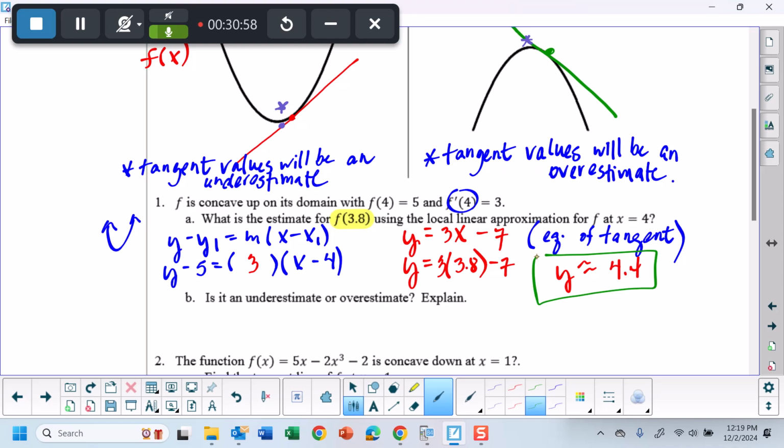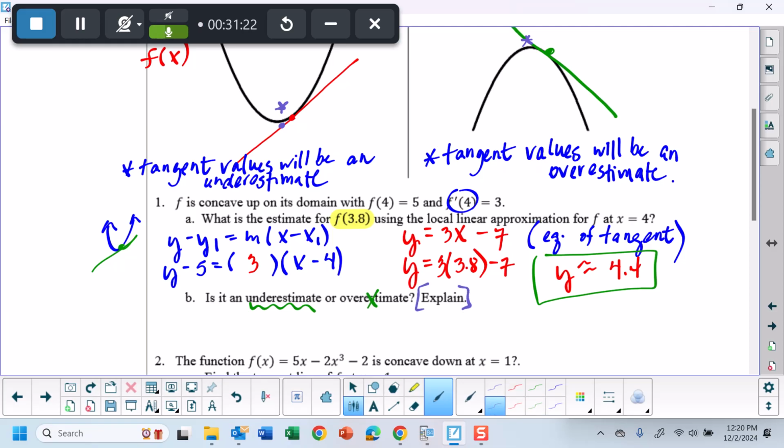Because it's a concave up shape, it doesn't matter where on my graph I ended up hitting. If I use the equation of this tangent line, no matter what, is this going to be an overestimate or an underestimate? Yeah, it's going to be an underestimate. And this is where they're going to get you.